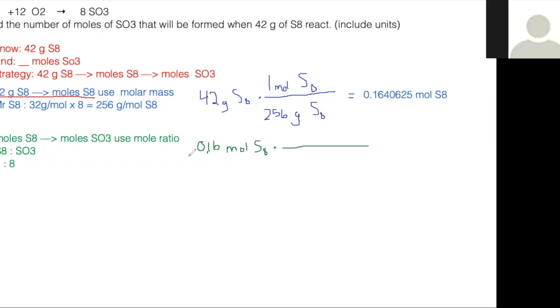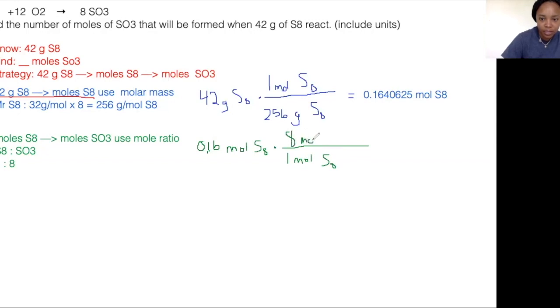Then you wanna put 1 mole S8 on the bottom, and then what goes on top? 8 moles of SO3. Perfect. Then we'll put it in the calculator.